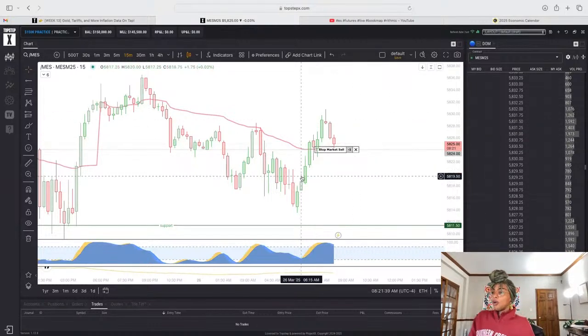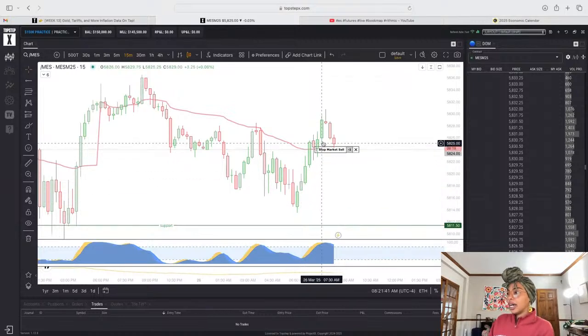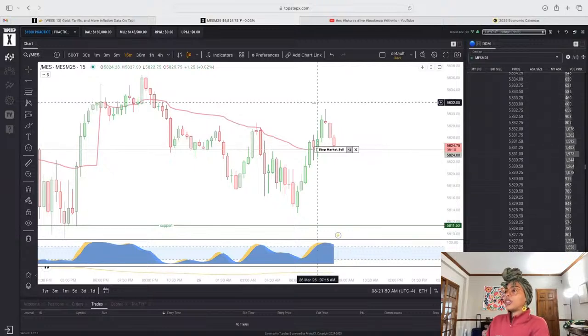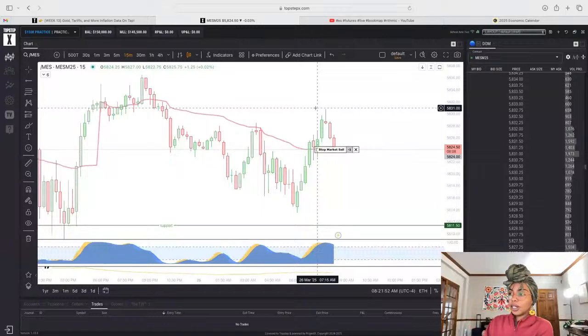While we were taking our buy all the way up here, we can see after 58.32, the orders start to decrease.